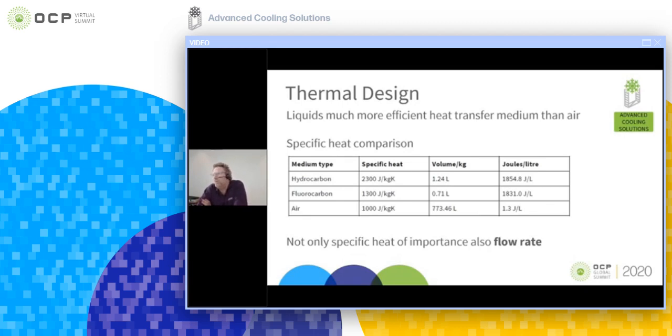However, the volume of liquid per kilogram is also very different, whereas the hydrocarbon has a much lower density than fluorocarbon does, which means that if you compare the amount of joules that can be transported per liter, these liquids perform almost identical when it comes to their heat capacity capability. And not only specific heat is relevant, because flow rate is as well, and that combination is what gives you a good indication of what liquids can do.